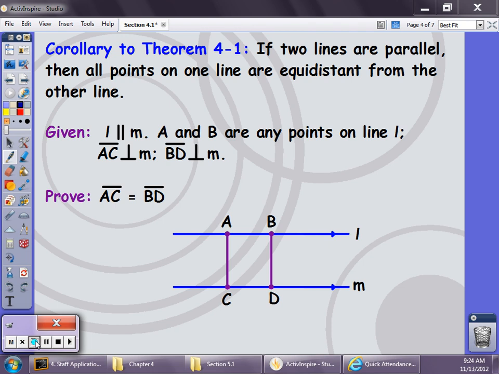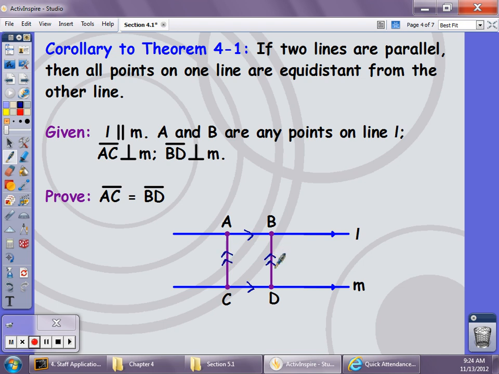Since points A and B are contained on line L and points C and D are contained on line M, and we know that line L is parallel to line M, we know that segment AB is also parallel to segment CD. Because AC is perpendicular to M and BD is perpendicular to M, we now know that AC is parallel to BD.